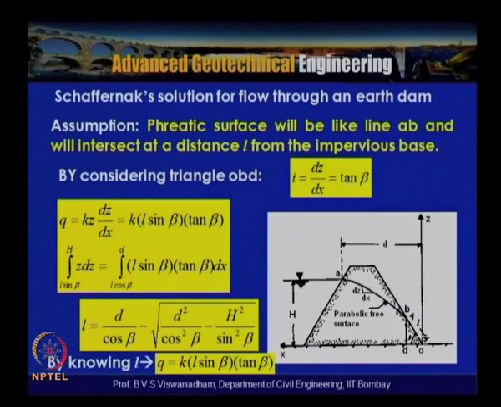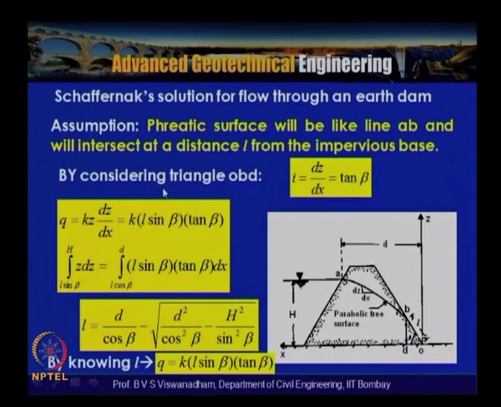Coming to the next solution, that is the Schaffernak solution for flow through an earthen dam, where the phreatic surface is assumed like line AB, which is shown here, and will intersect at a distance L along the line from O to B, that is the L here, which is measured from the impervious base.